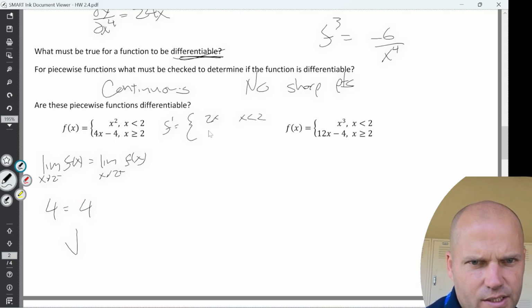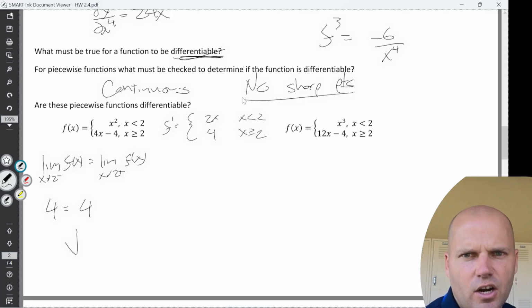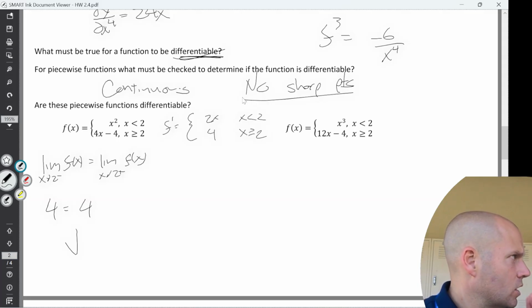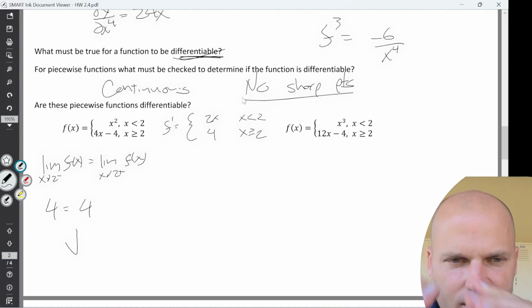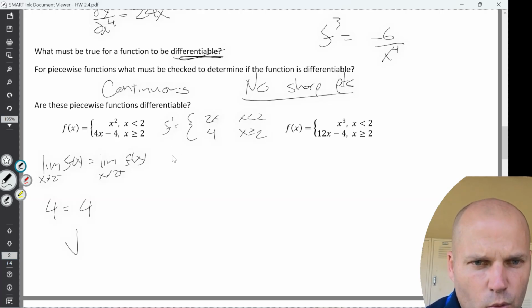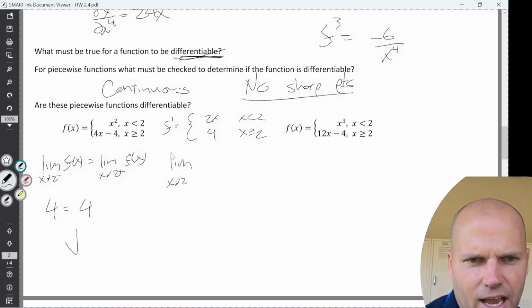However, now we are going to look at the slopes of our pieces. And we have to make sure that there are no sharp points, which means the slopes of our pieces meet up in such a way that it's nice and smooth. So we will also look at the slopes to the left and the slopes to the right of 2.